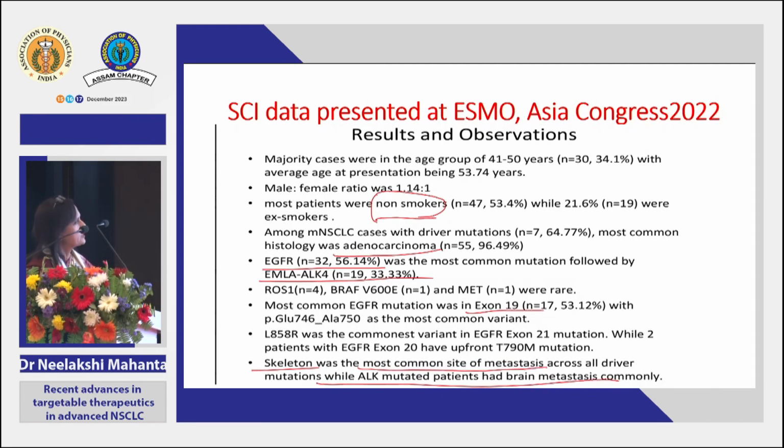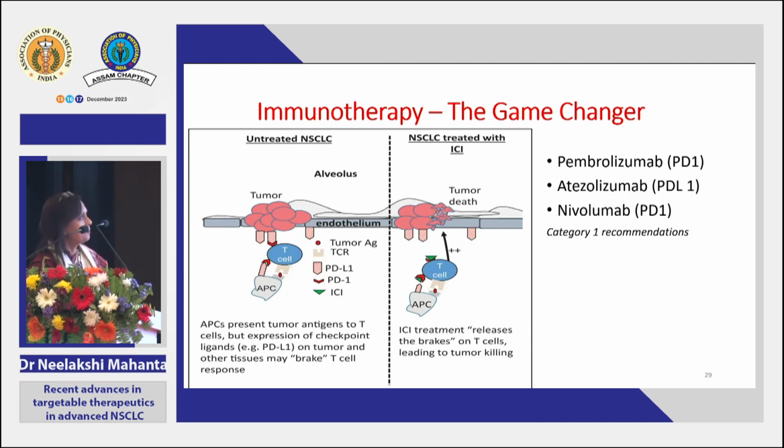EGFR was commonest, but ALK we found at 33.33% versus the global data of around 7 to 10%. Exon 19 was the commonest mutation that we found. Immunotherapy is the latest game changer, and pembrolizumab, atezolizumab and nivolumab are available, which we are giving to benefit these patients.